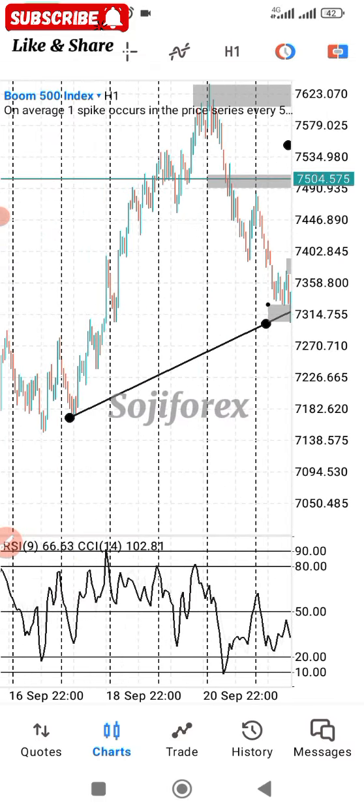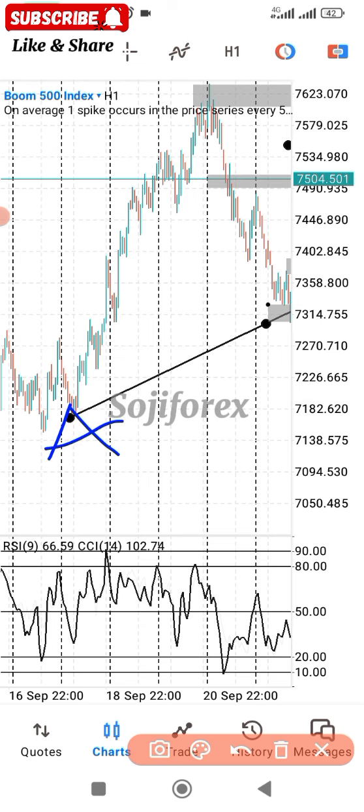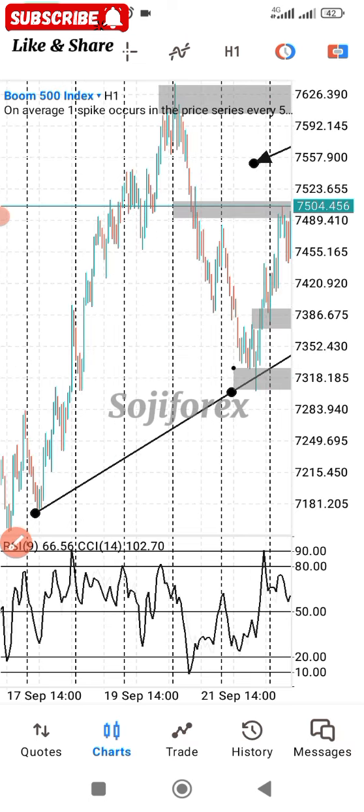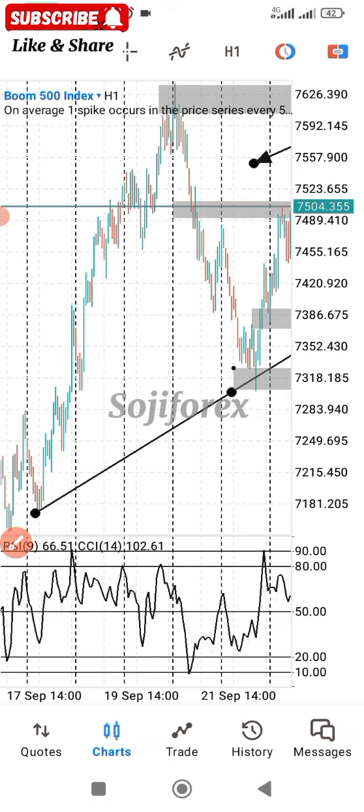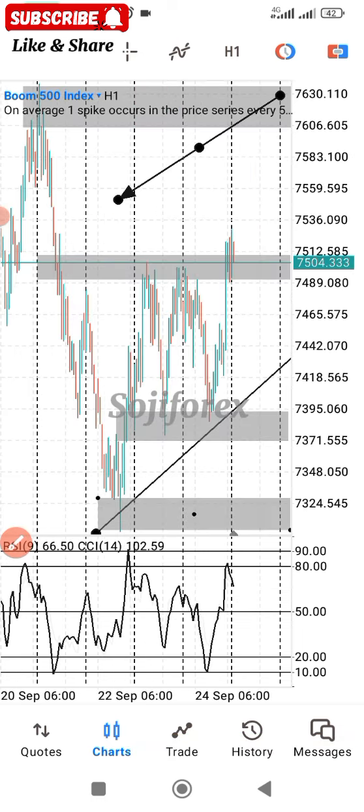We need a point A of price reaction and a point B. So this is point A, this is our point B. Then we can connect our trend line. The points of reaction are where price makes an obvious move from. So you need those 2 points in order for you to connect your trend line.